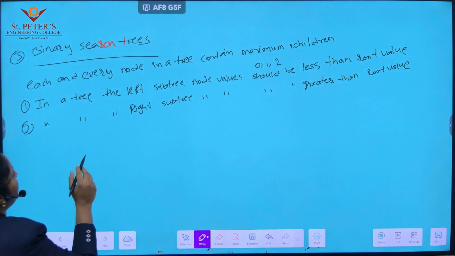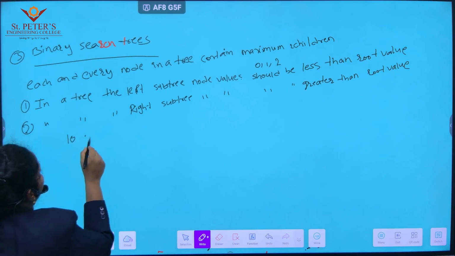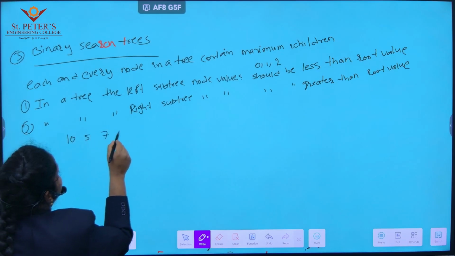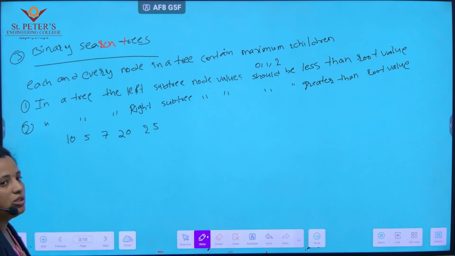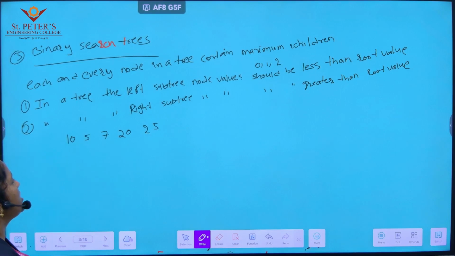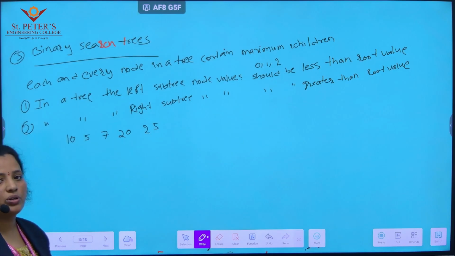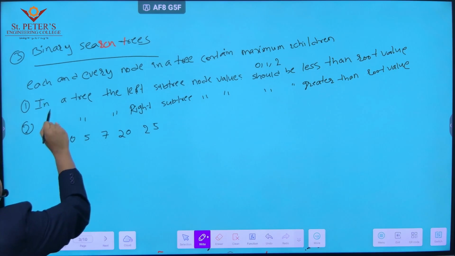So for example, here I am taking 10, 5, 7, 20 and 25. These are the values, and I am going to insert them into a binary search tree. Before inserting, we should follow these two statements.